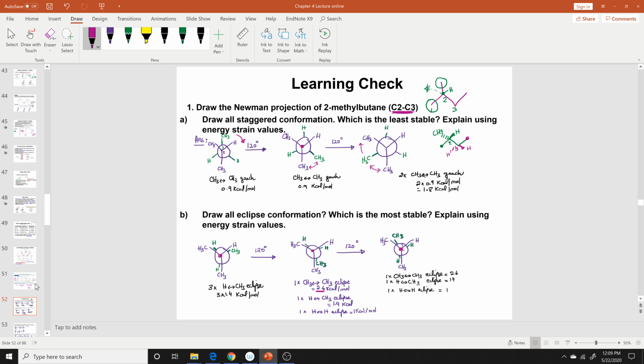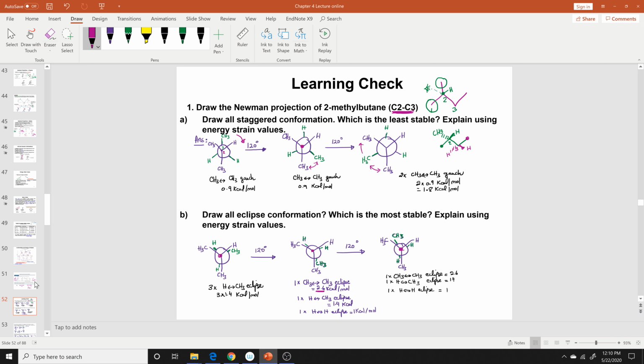So the question says which one is most stable. Draw all the eclipse conformations. The one which is the most stable is the one that has the lowest energy possible. So which one is the most stable in there? Again, the one which is the most stable is the one that has the lowest energy. And the one that has the lowest energy in this case, I have here 3 hydrogens.